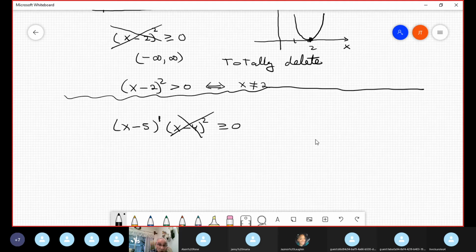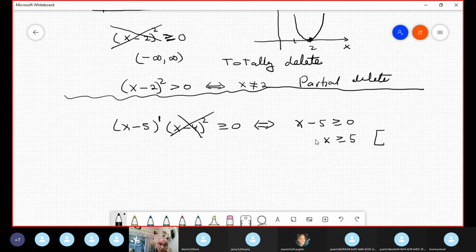But in this case, is it a total delete or a partial delete? Total delete is when my inequality contains the equal sign. So you totally delete, and this inequality is equivalent to only x minus 5 greater than or equal to 0, x greater than or equal to 5, and the solution expressed in interval notation is bracket 5, infinity. End of story. We do not necessarily apply the changing sign method. When this is special, you delete or partially delete, depending on the problem.